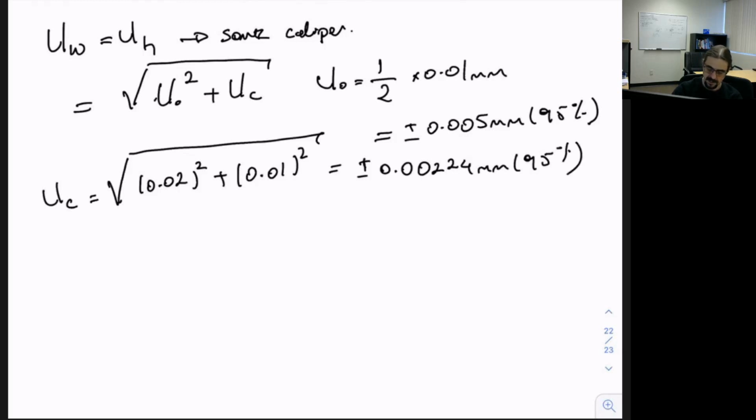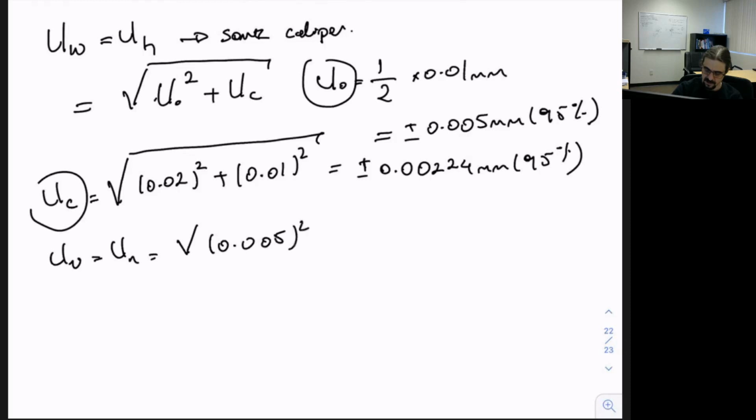Okay, so then UW equal to UH is going to be the combination of my U0 and UC. In that case, it's going to be the square root of 0.005 squared, right?